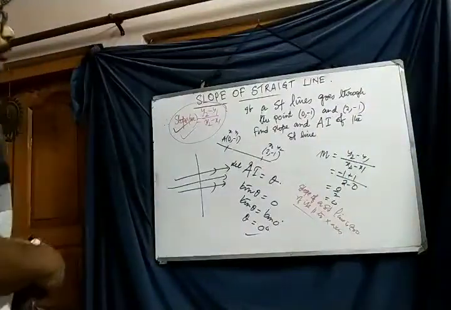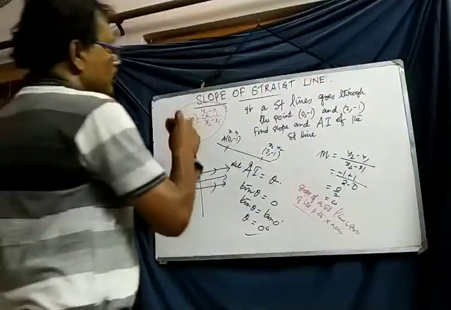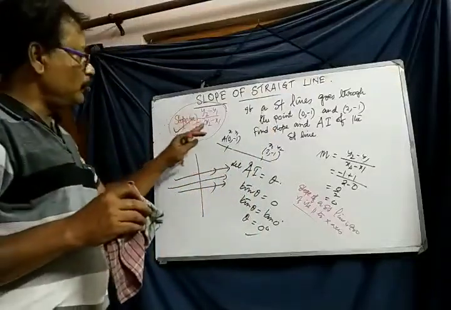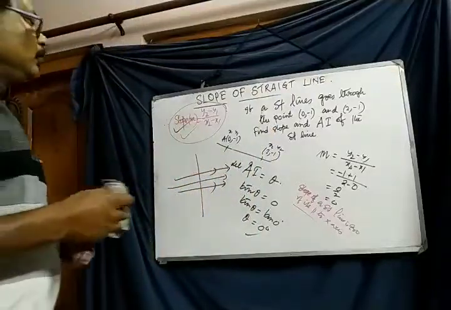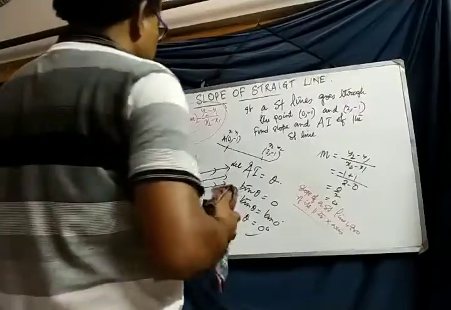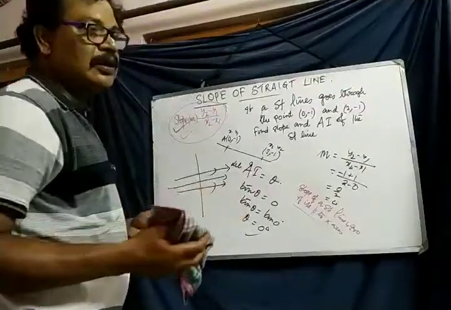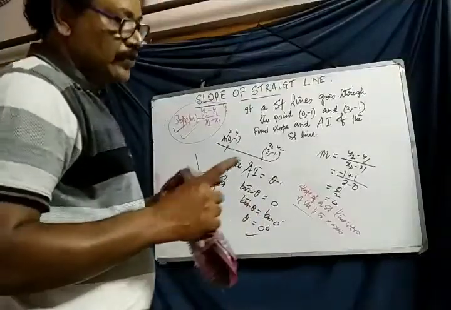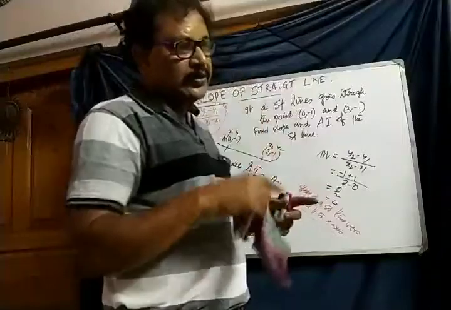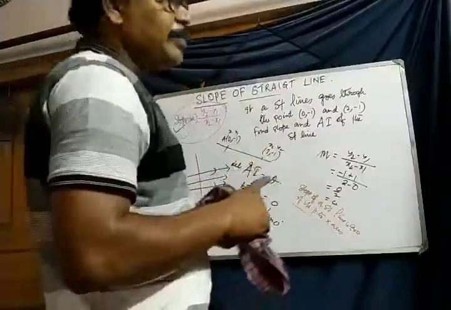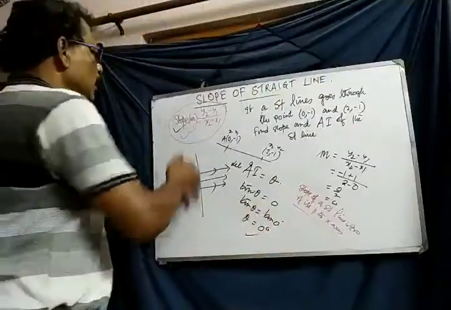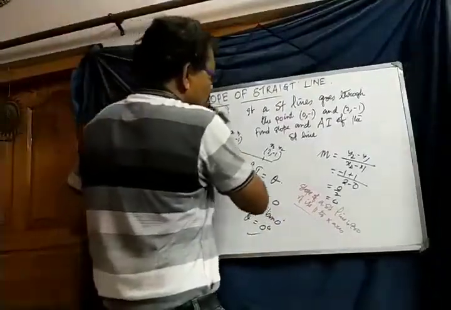Now, by using the formula of slope, we can find out whether two straight lines are parallel or perpendicular to each other. I am going to discuss that now.